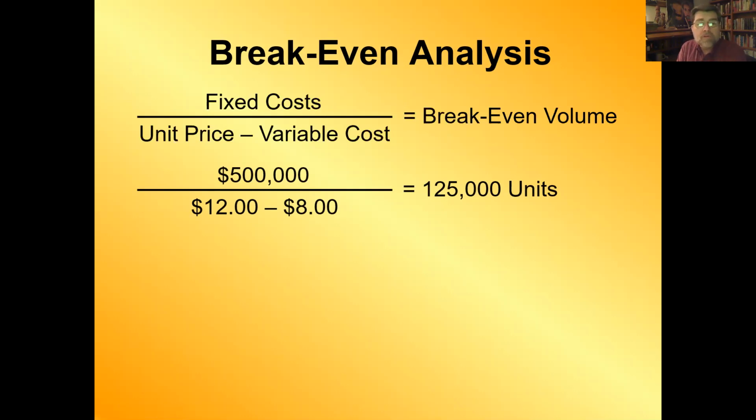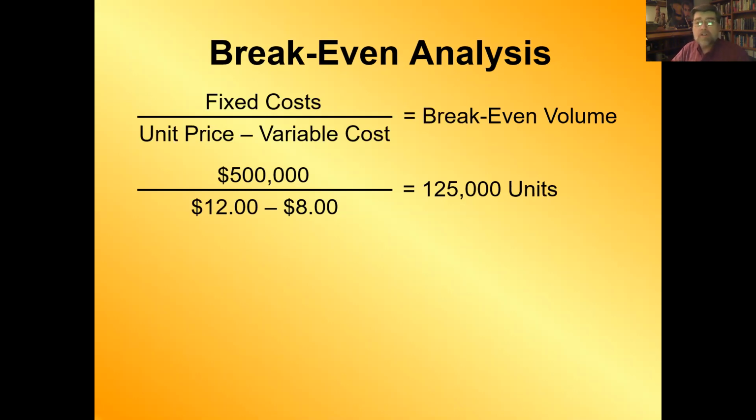So the difference between 12 and 8 is 4. So $500,000 divided by $4 will equal 125,000 units. You can take a calculator or pen and paper and verify that. So we now know our break-even point is 125,000 units.